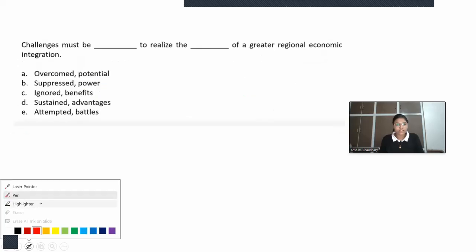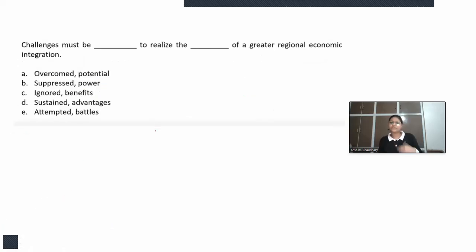All right, moving forward. The next question is again fill-ups. So challenges must be filled up to realize the next fill-up of a greater regional economic integration, right? Now, most of the time, what you people do is you just find out the first blank and then you put up that option blindly.